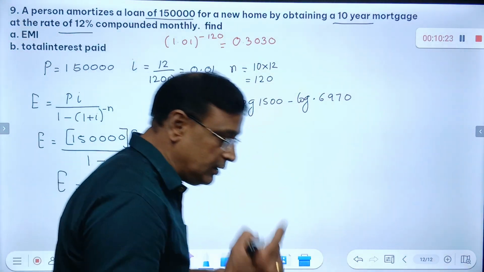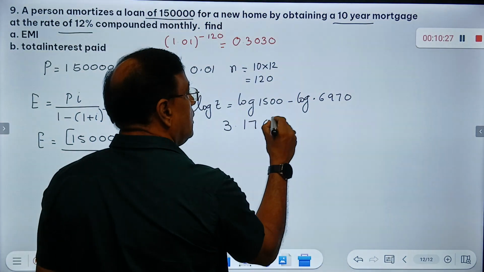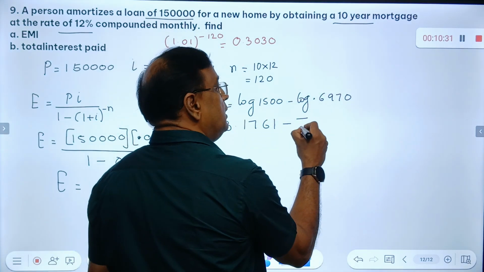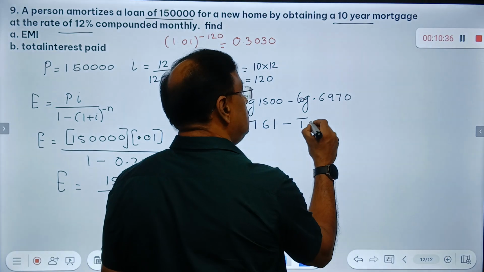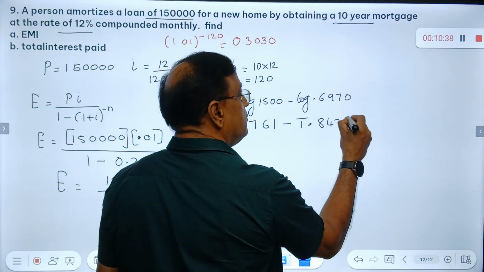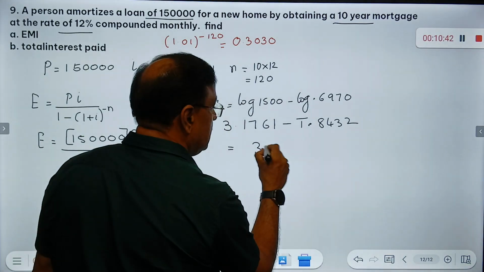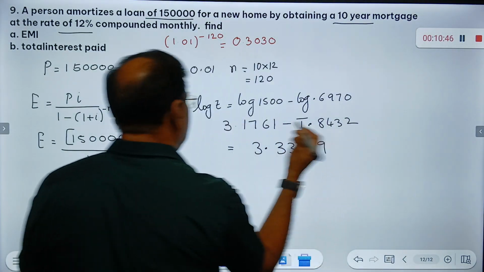And log of 15 is, I'm getting 1761. If you look at log of 6970, I'm getting 8432, and if you do subtraction, I think you are getting 3.3329. So it's very simple, isn't it?